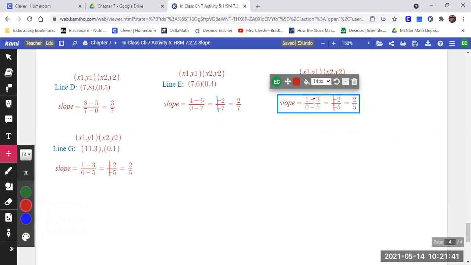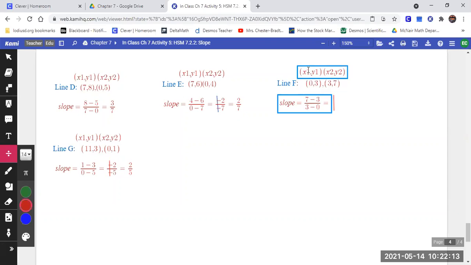Okay, so we're on F. What's our top look like? Not Moses. What's the top going to look like? 7 minus 3. What's the bottom going to look like? 3 minus 0. Because what was with the 7? A 3.